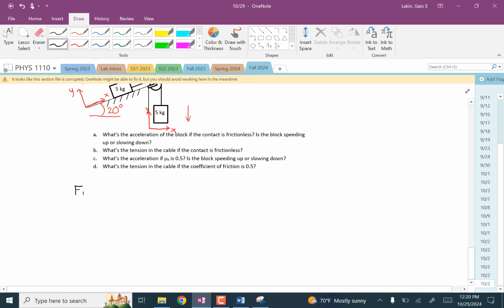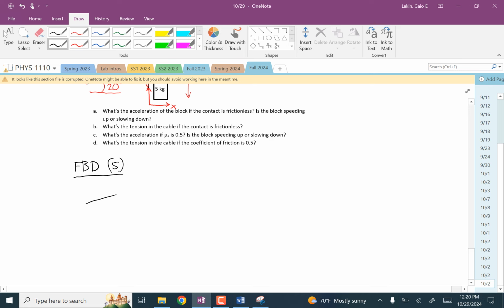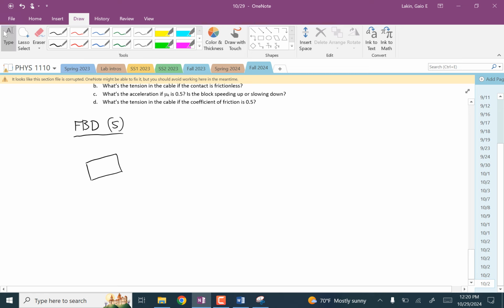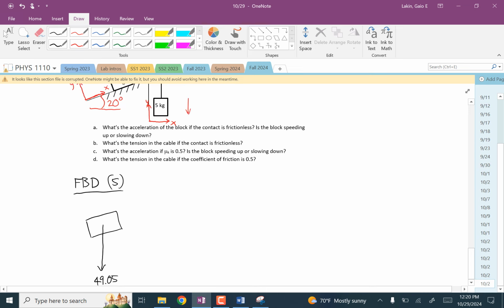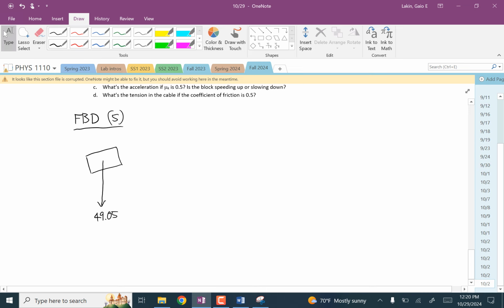Okay, so a free body diagram of the 5. We have a weight force of 49.05. We have a normal force.